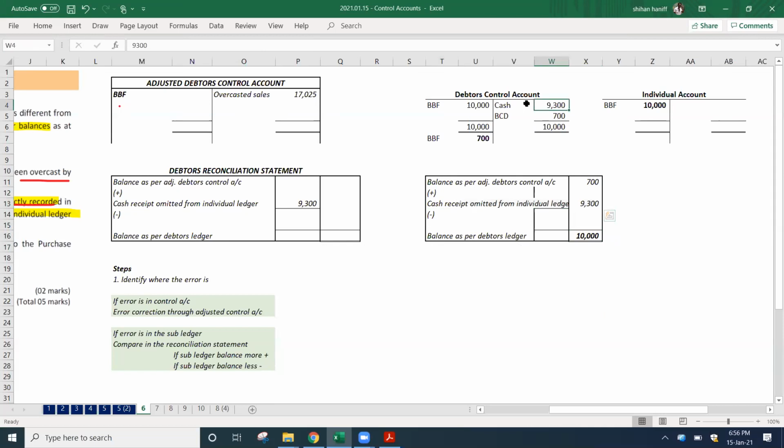Because the cash payment of 9,300 was deducted in the control account, but not deducted in the individual account. So if you deduct in the control account, balance is less, the debtors ledger balance is more. So due to that, you add this 9,300. Is it clear?